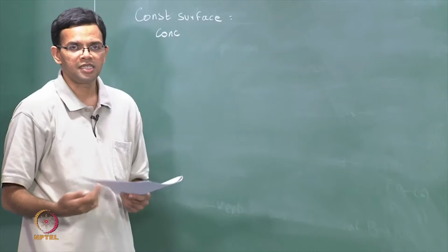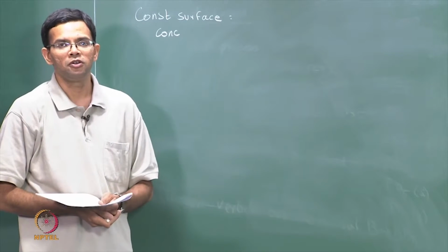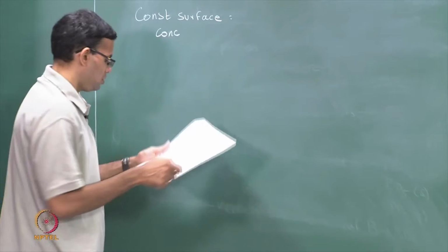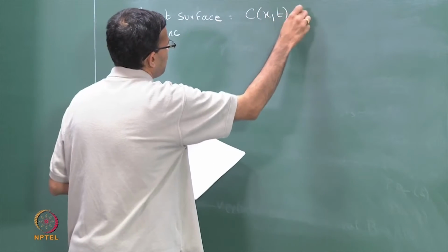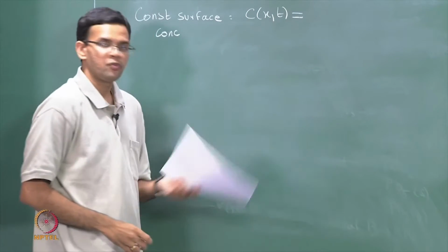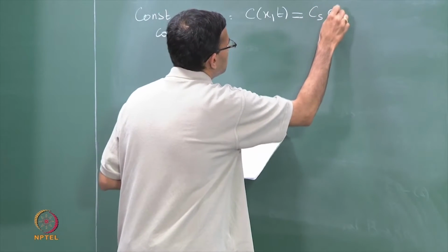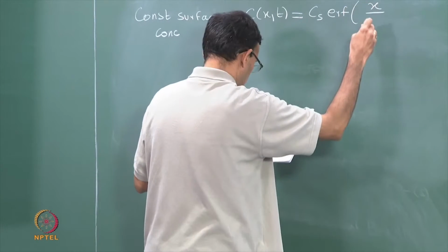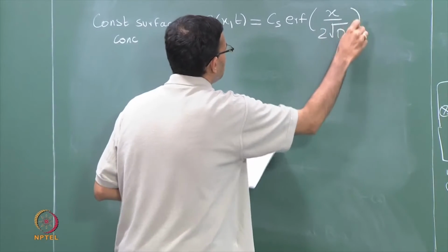So, this is a very standard problem in the case of metallurgy. This is something we use when you look at, say, carburizing or nitriding of a steel sample. So, here your solution is given in the form of an error function. That is, C of x comma t is Cs times error function of x divided by square root of Dt.